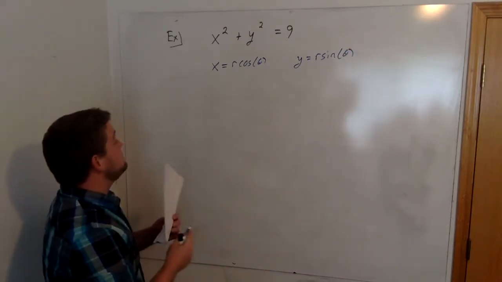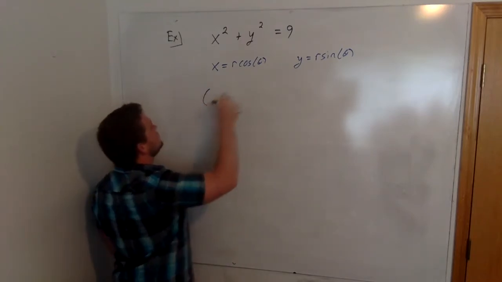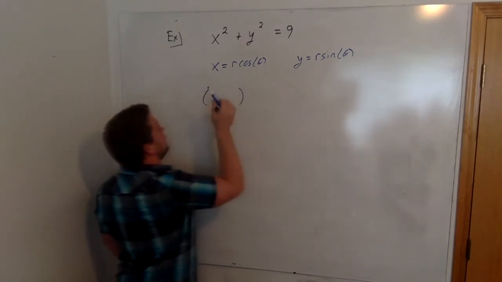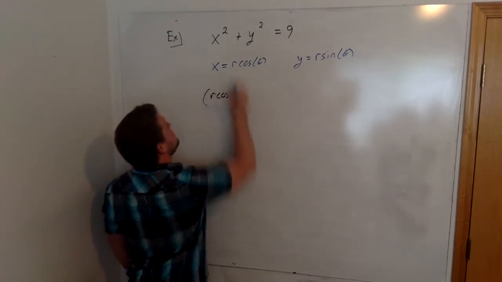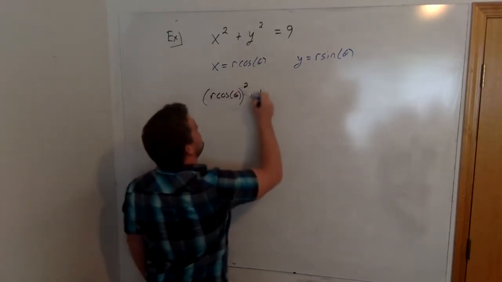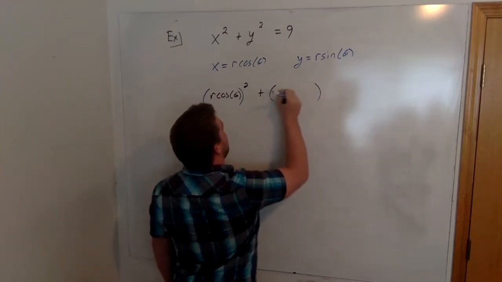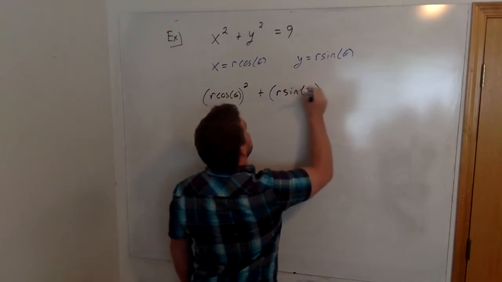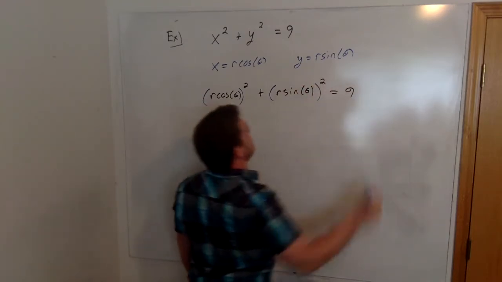If we make these substitutions, I'll put r cosine of theta here, and that's being squared, plus we'll have r sine of theta for y, that's being squared. This is all being equal to 9.